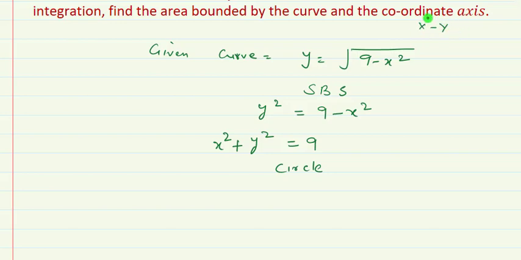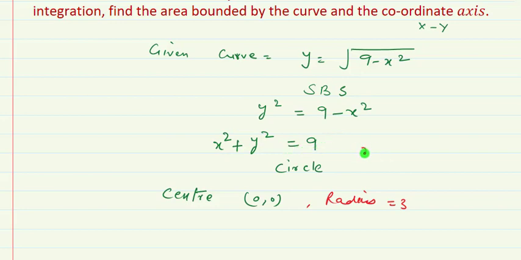That means we have three things: the x-axis, the y-axis and a circle. So let us identify the radius and the center of this circle. As I explained, here the center of the circle is 0, 0, and the radius of the circle is 3, because this is x square plus y square is equal to r square.